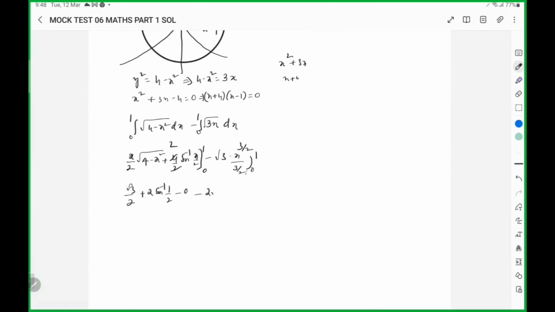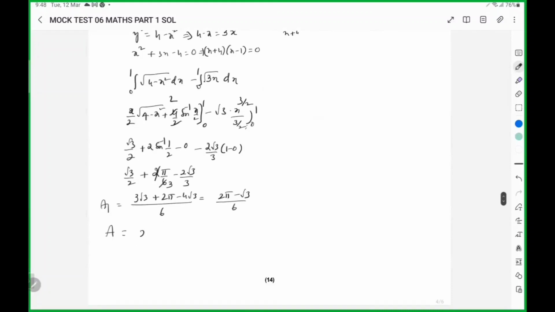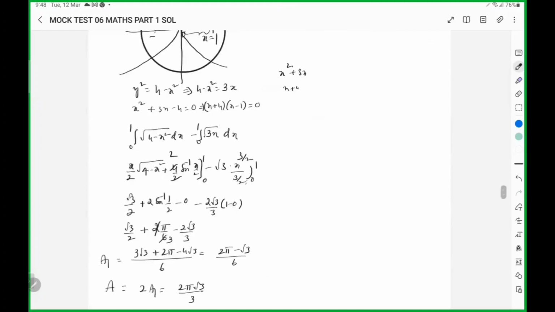So here 2 root 3 by 3, root 3 by 2 plus 5 by 6 minus, is a1, which is 2 pi minus, but here this is a1. So total area is 2a1. This is the answer.